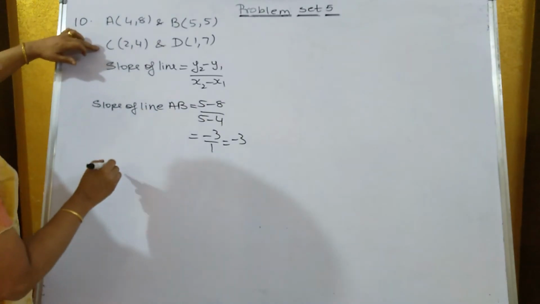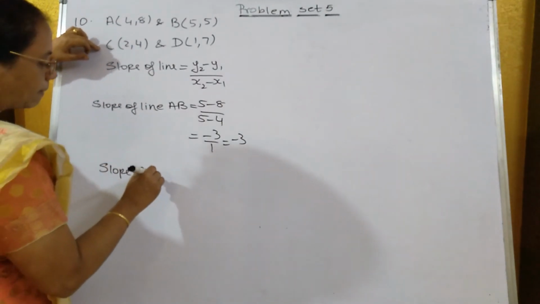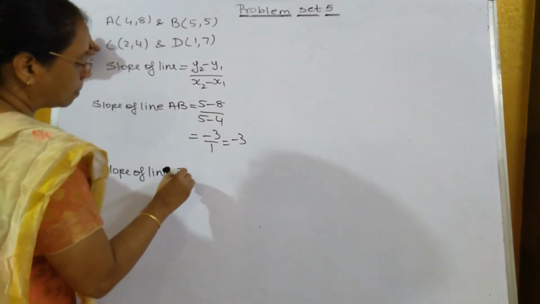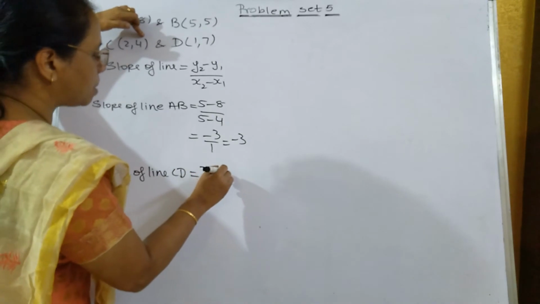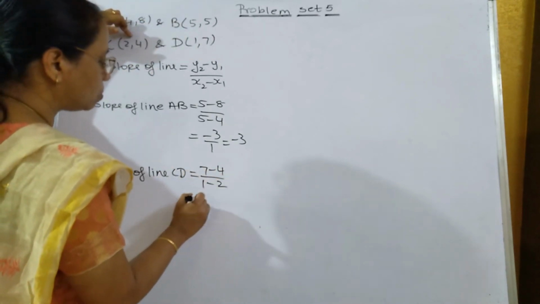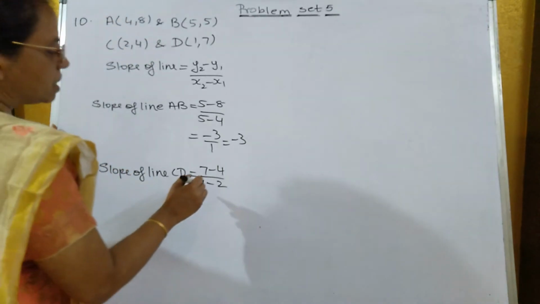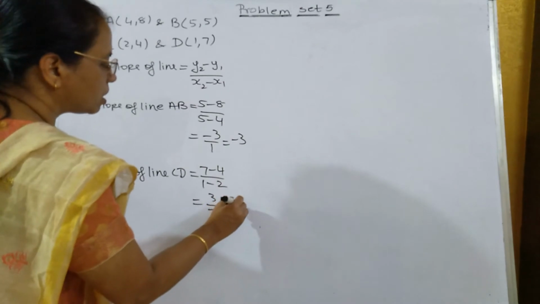Now slope of line CD is equal to what? 7 minus 4 upon 1 minus 2, that's equal to 7 minus 4 is how much? 3 upon minus 1, so that's equal to minus 3.